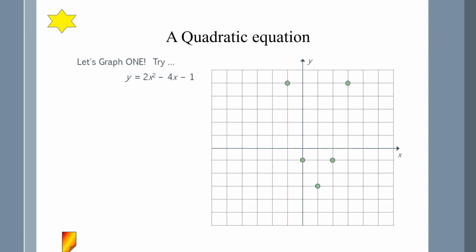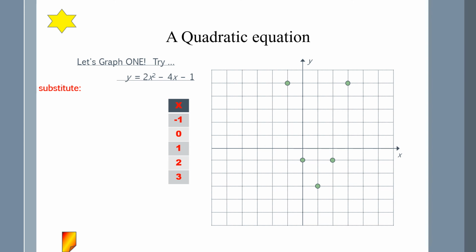Now, if you want to graph this quadratic equation, first of all, it's not a simple quadratic equation. It's more complicated because you have 2x squared and then you have -4x. As usual, we find the table of values. Take any values of x. I chose -1, 0, 1, 2, 3. You can take -2, -1. It's up to you. You take the values of x and then substitute them in this equation.